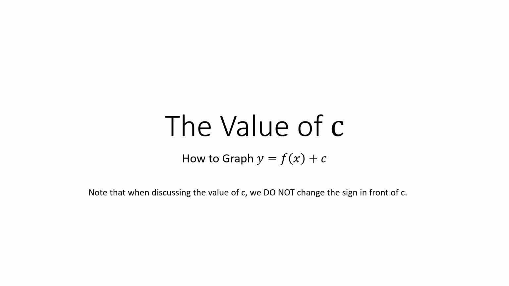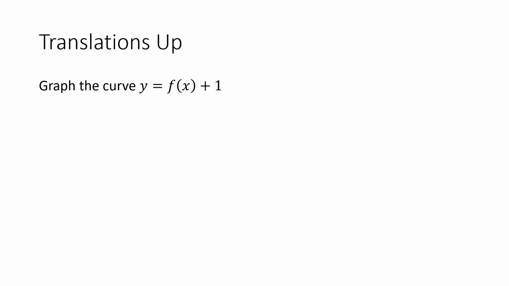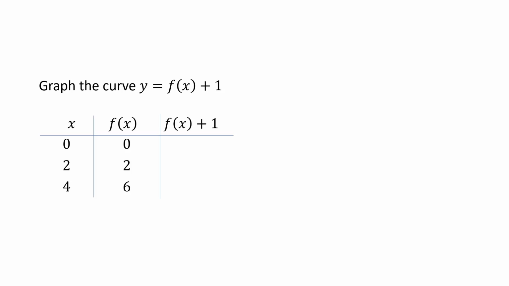And perhaps the easiest one is the value of c. When discussing the value of c, we don't change the sign in front of c. So if we wanted to graph the curve y equals f of x plus 1, this would be perhaps the most straightforward transformation. We can let x be 0, 2, and 4, making f of x be 0, 2, and 6, making f of x plus 1 be 1, 3, and 7.